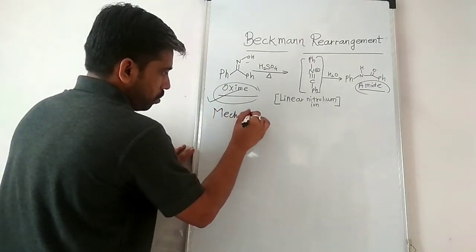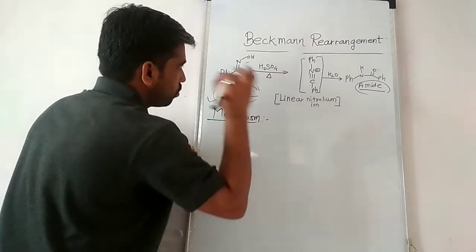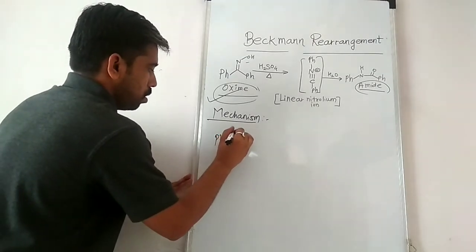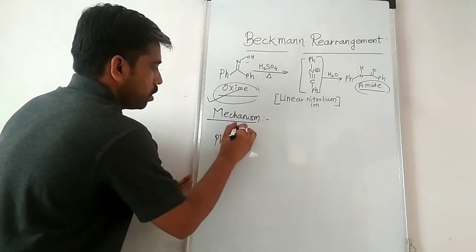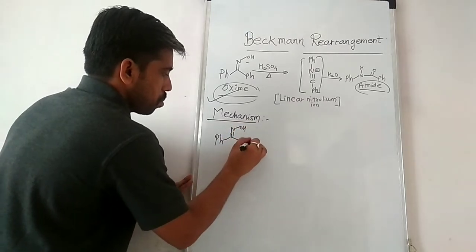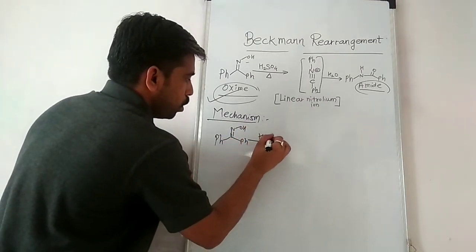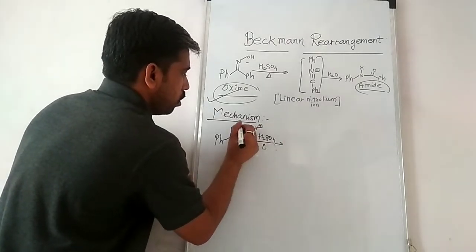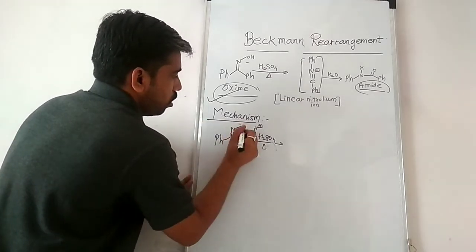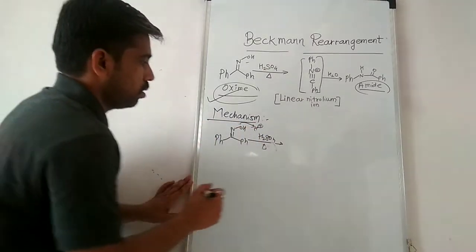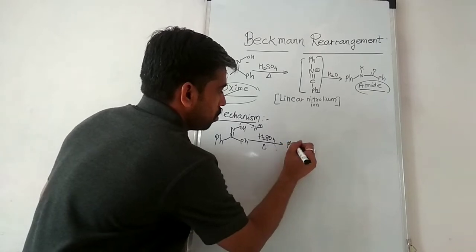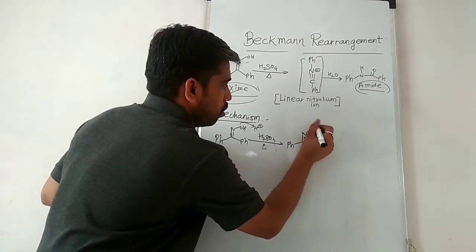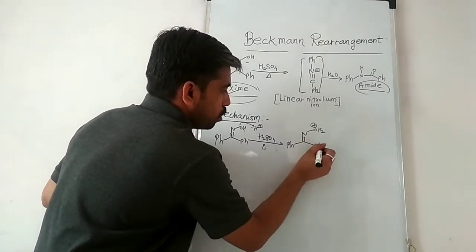Mechanism for this reaction. Now in the first step, in the presence of H2SO4 and heating condition, this lone pair on the hydroxyl abstracts this proton, we get C double bond N OH2 positive, and this phenyl ring.